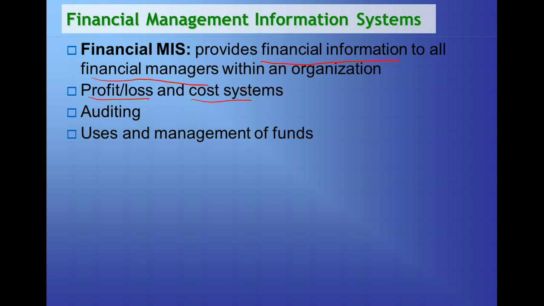Profit and loss reports provide valuable information to financial managers to see how well the firm is doing in terms of its profits, if it's making any losses, and also what costs are incurred by them. They are used to compute revenues and costs, and all this also can be used for auditing purposes.